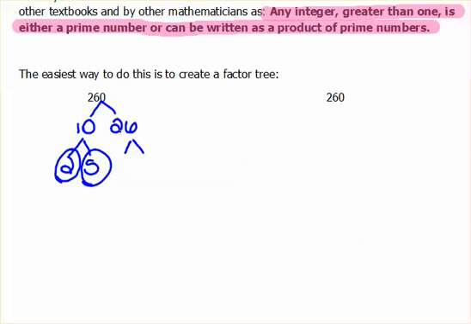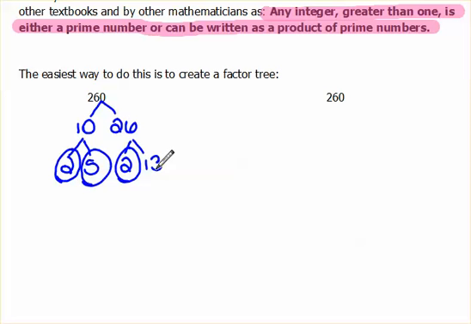I know that because it's an even number. So if nothing else, I know that it will be divisible by 2. So 2 times 13 is 26, and 2 is a prime number. Now 13. 13 is not divisible by 2 or 3 because the numbers add up to be 4, so that won't work.